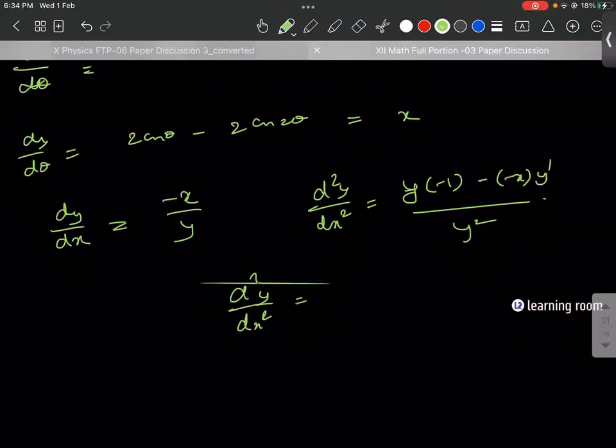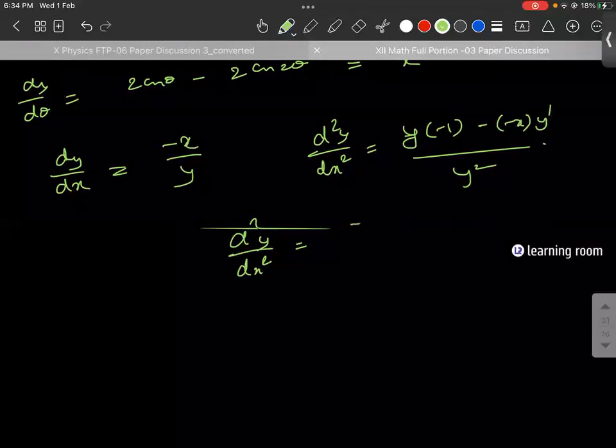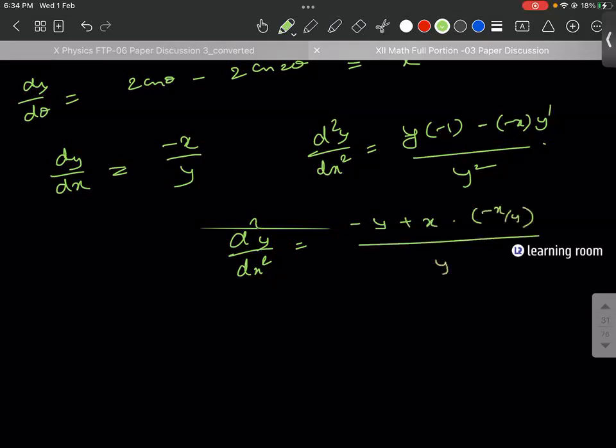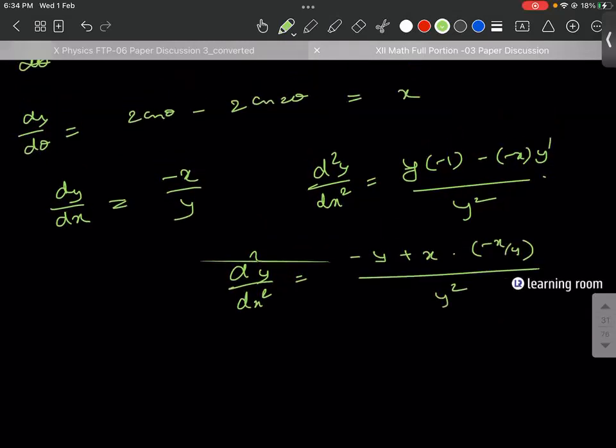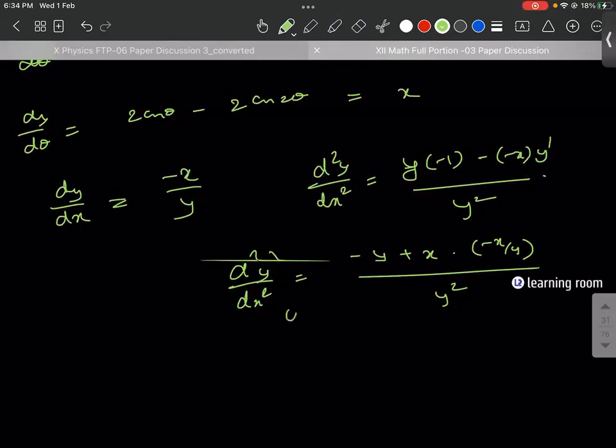Let's see. So this will be minus y plus x into y dash, with y dash being minus x by y, divided by y square.